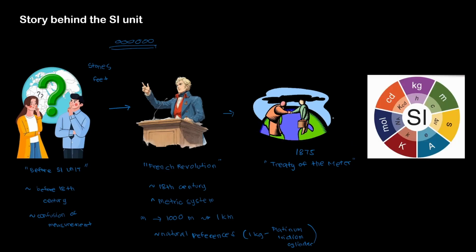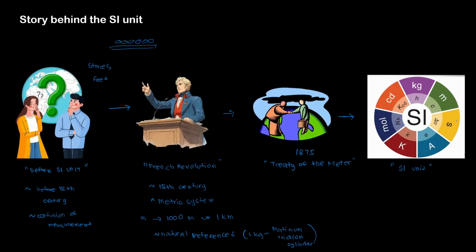Then finally, we have the SI unit, which was named before Le Système International. It's from French, of course. In English, it's the SI unit, or International System of Units, and it was officially adopted, providing a unified system of base and derived units used in science today. So this is basically the brief history.